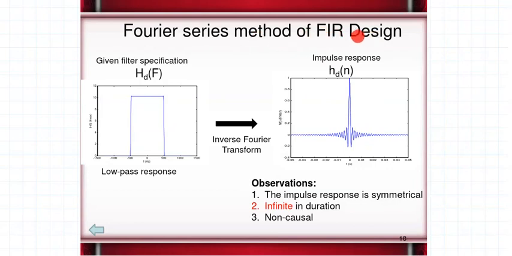An FIR filter should be a filter of finite impulse response. But the impulse response that we have got is of infinite duration. So this is the very first observation: I cannot call this my filter coefficients because this impulse response is of infinite duration.